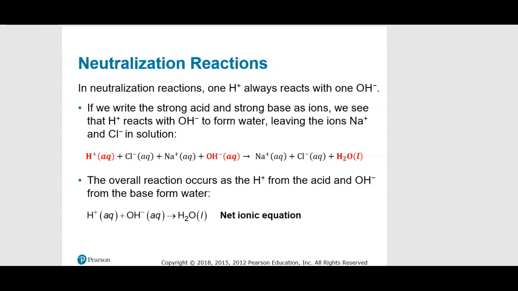What's going on is you have 1 hydrogen ion and 1 hydroxide ion react to form water, and that leaves you sodium ions and chloride ions, which you could call spectator ions. So the overall reaction, the net ionic reaction, we would call it, is just a hydrogen ion and hydroxide ion going to water. What's left is the salt, in this case sodium chloride.